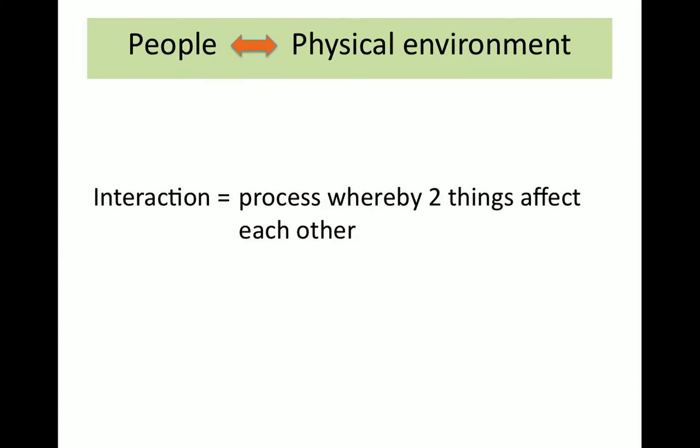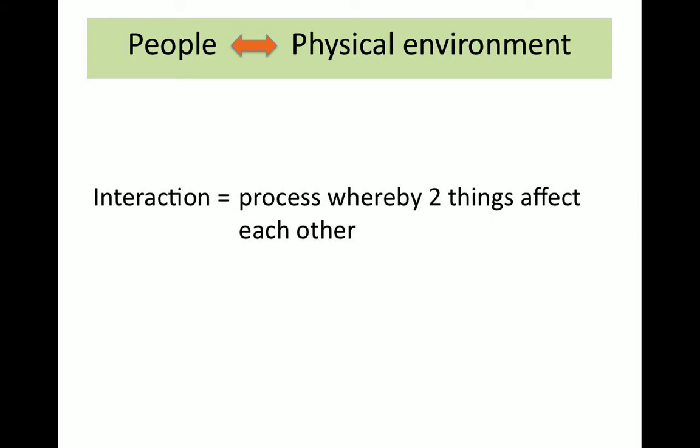So coming back to the first idea, we say that the human environment is the result of people interacting with the physical environment. But what exactly does this interaction mean? Now, interaction here is defined as the process whereby two things affect each other. For example, if you were interacting with your friend, it wouldn't be a one-way process now, would it?